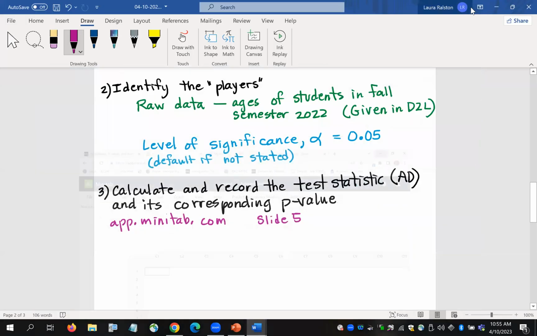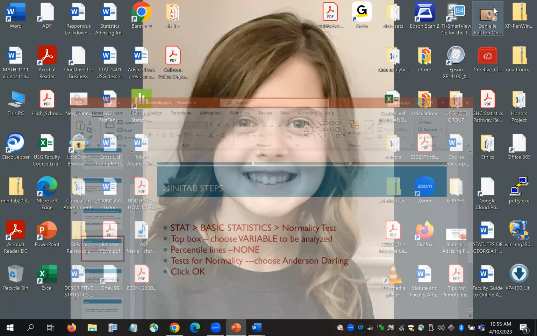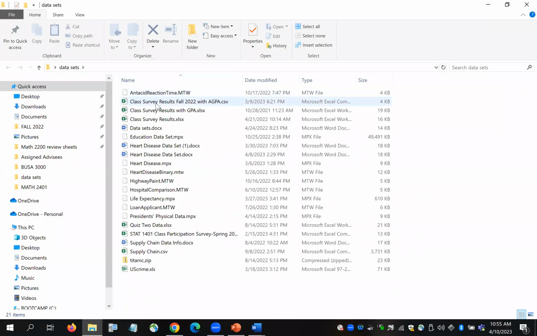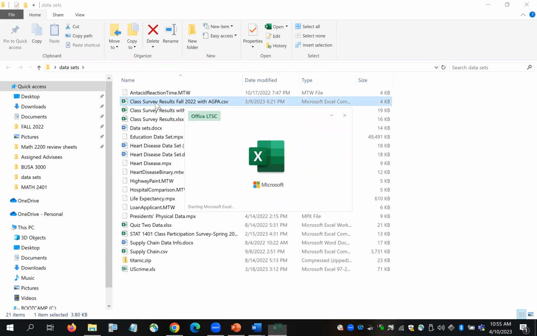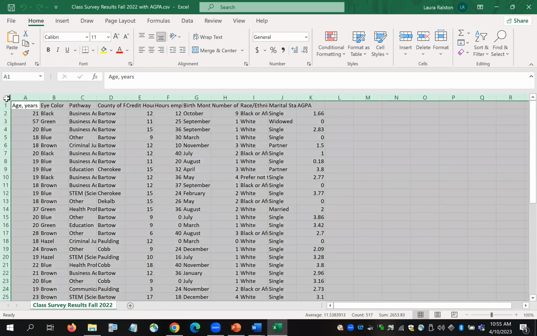Okay, so I gave you the data in the course, and I've already downloaded it this morning. It is the class survey results fall 22 with AGPA. Now I really only need the column for age, but I'm going to copy the entire spreadsheet.